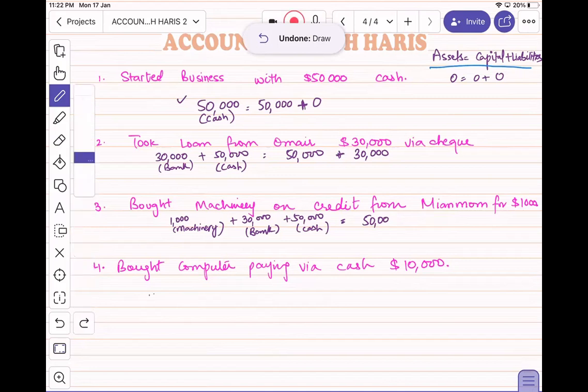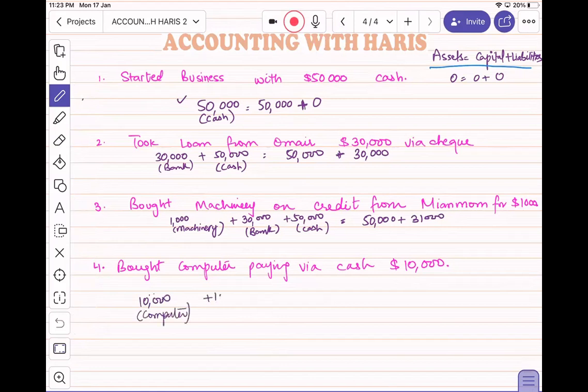I think I mistakenly erased some of the things. So 50,000 and $31,000. Now if we buy a computer, our assets will increase by 10,000. So 10,000 we can write in bracket computer. We have already got machinery 1,000.